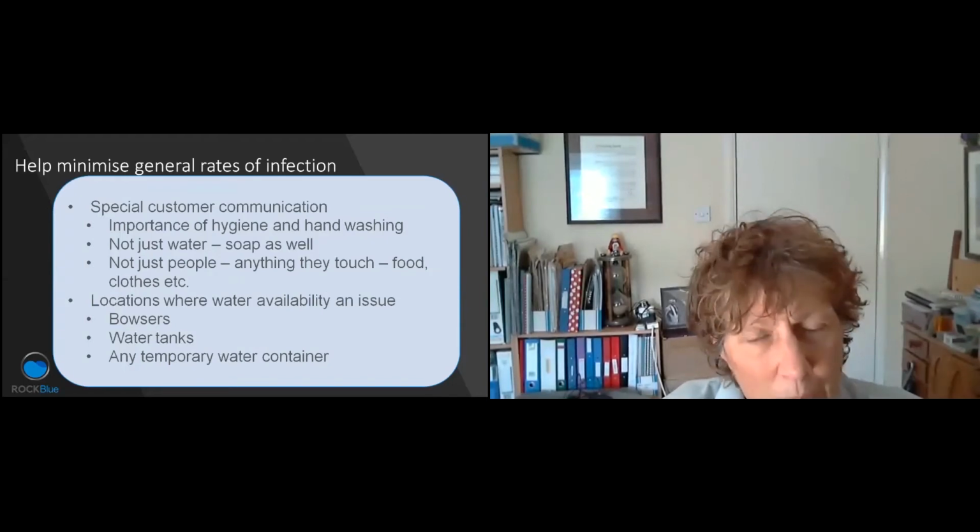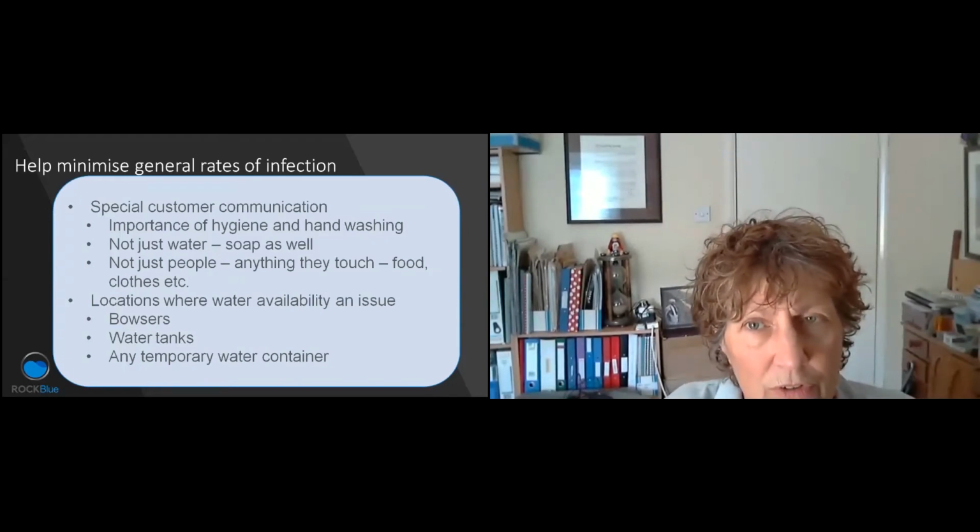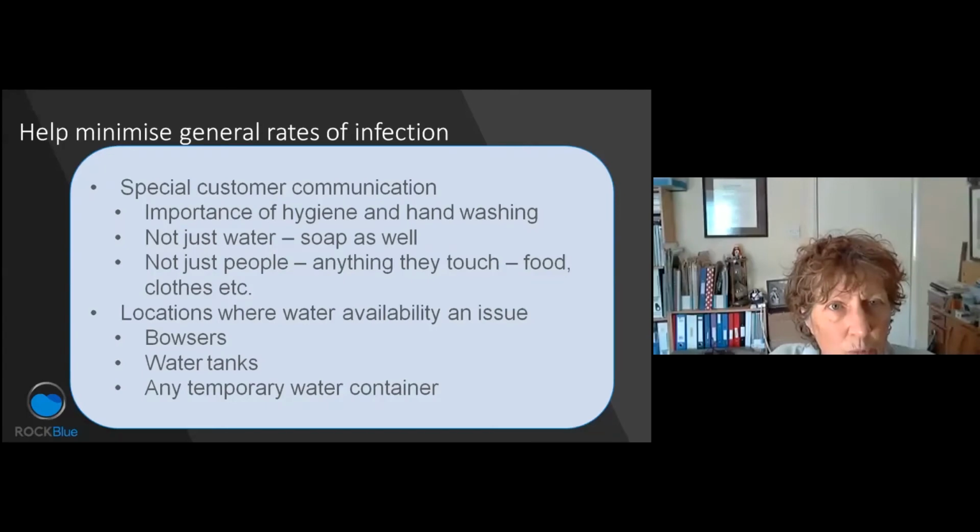And you may be called upon to assist generally with minimizing rates of infection. I've talked about water being essential. So if you are talking about hygiene, you may want to include things which you wouldn't normally include, about the use of soap and contamination, or have a part in government communication.